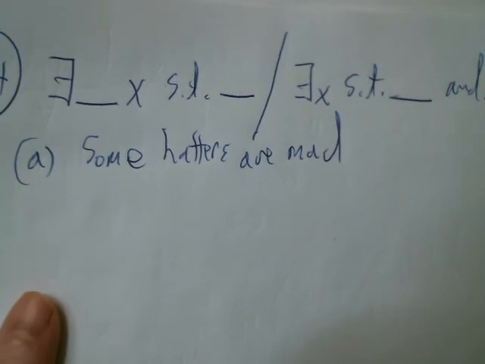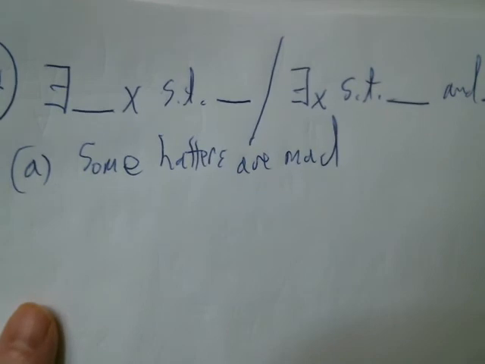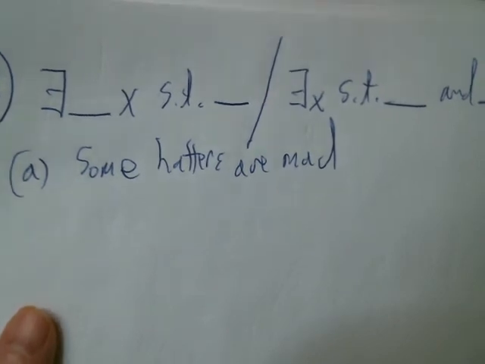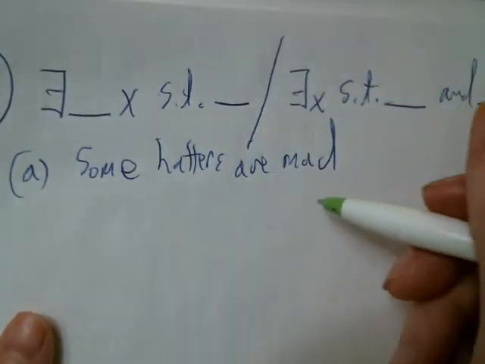There's the Tarski stuff that's in the book. I'll try to put that in my notes. That stuff's really cool too. So anyways, some hatters are mad, the Mad Hatter. Let's think about how we can rewrite it.